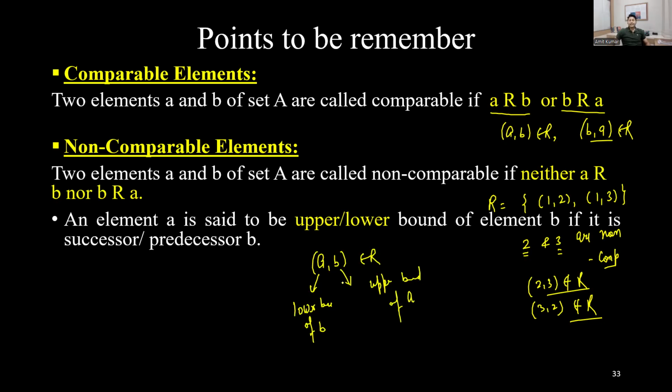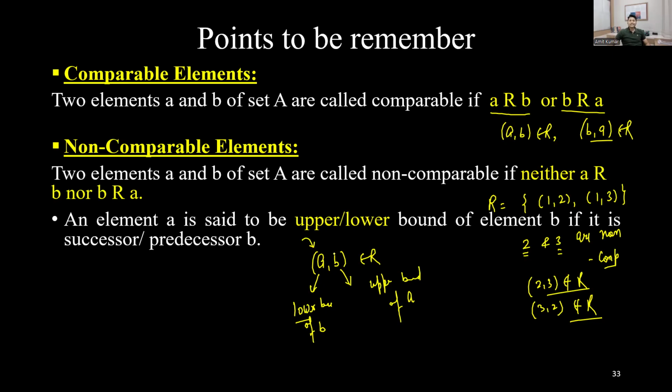So when a pair of elements are comparable, the first element is called the lower bound of the second one, and the second one is called the upper bound of the first one.